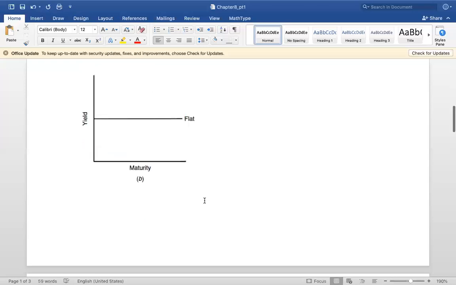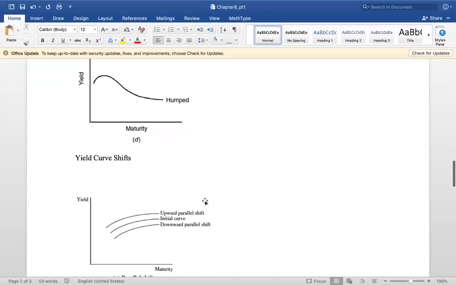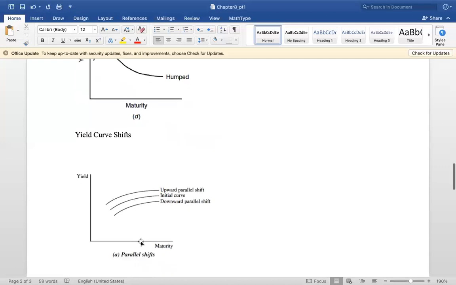The second important thing is yield curve shifts. What we mean by yield curve shifts is a change in the yield for each treasury maturity. There can be two types of shifts. One is the parallel shift, just like this, an upward or downward shift.